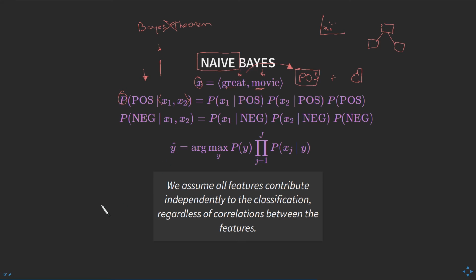Now this is the very important assumption that you do have to realize plays a role in this overall model. We assume that all the features contribute independently to the classification, regardless of correlations between the features. So if we just measure the probability of a certain feature under a certain label, we do not take into account the interactions of these different features.